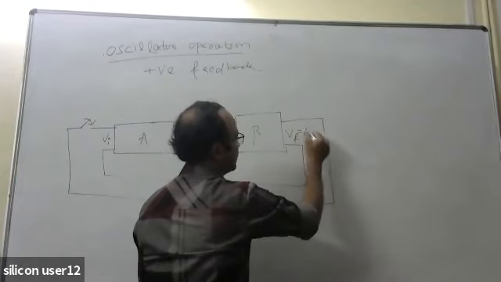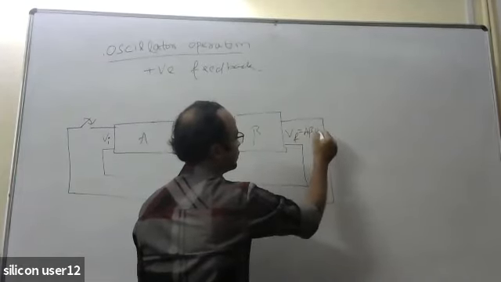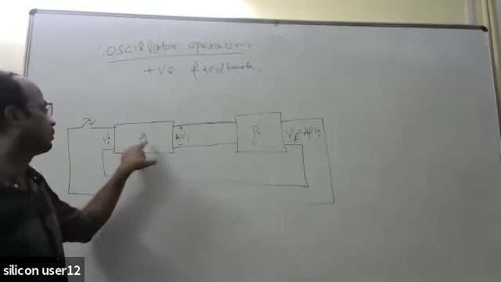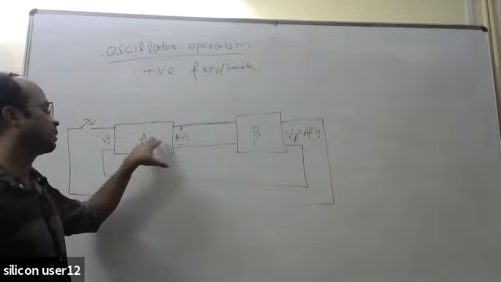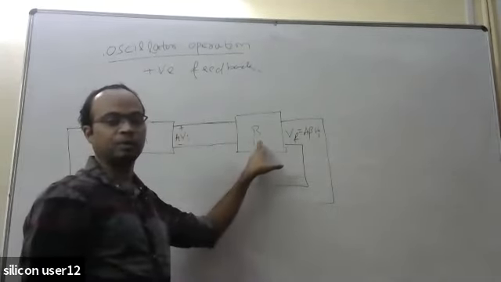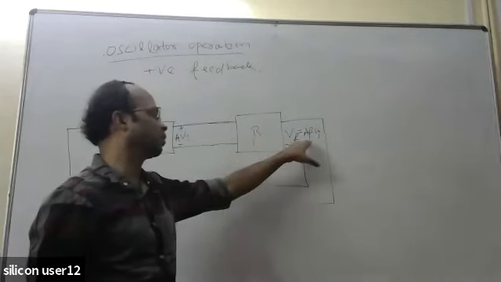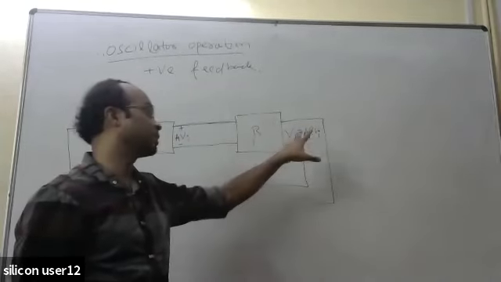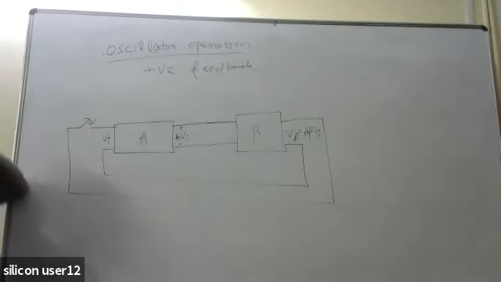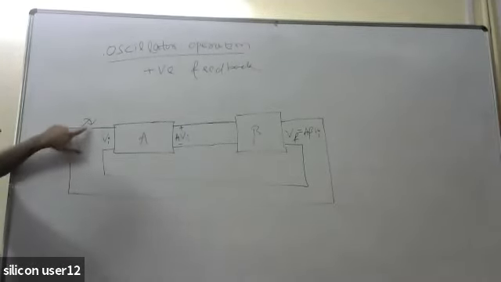So initially here it is Vi. Now through this amplifier it has been amplified and here it is becoming AVi. Then after passing through this feedback block, it has become Vf equal to A beta Vi. So this A beta Vi term is coming and it is waiting here. Initially this switch is open.